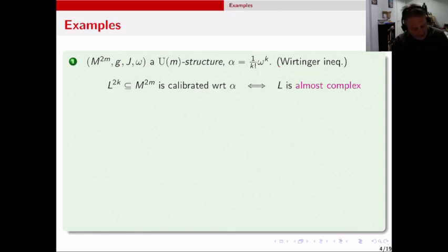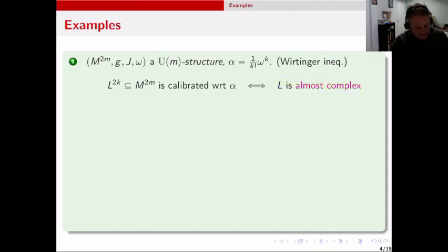Okay, so it follows from this Wirtinger inequality, in fact, that if I have a 2k dimensional oriented submanifold of this manifold, then it's calibrated with respect to this form if and only if it's what's called an almost complex submanifold.